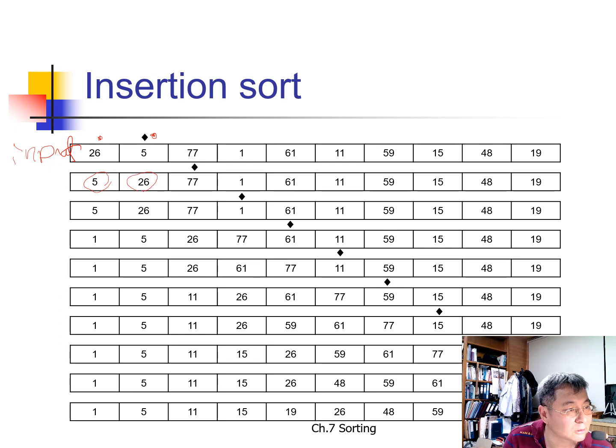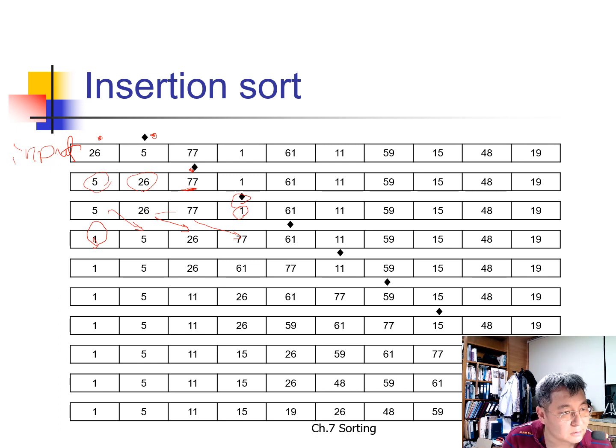Now go on to the next one, 77. It satisfies the ordering, so we go on to the next one, 1. 1 should go first because it's the smallest value, and 5, 26, and 77 move to the next positions.